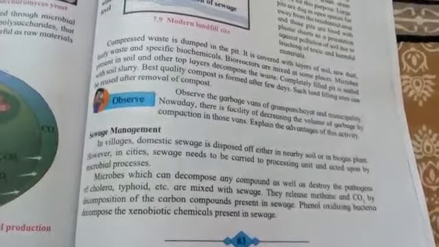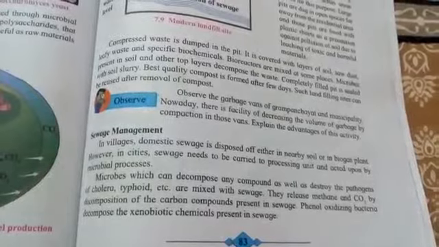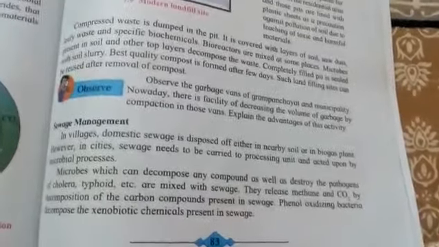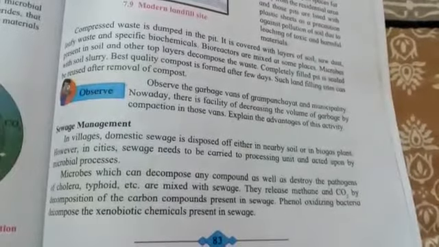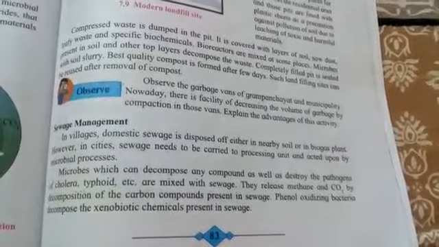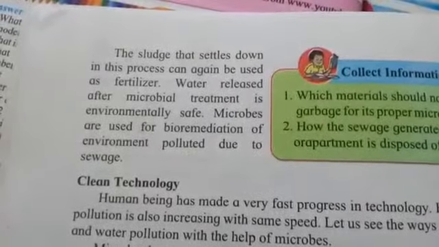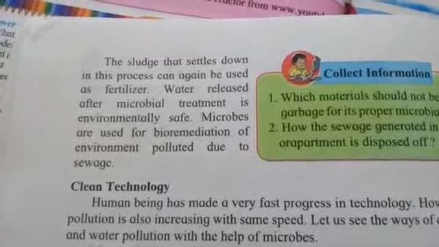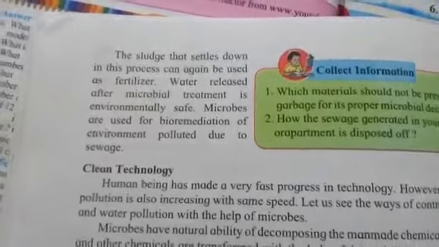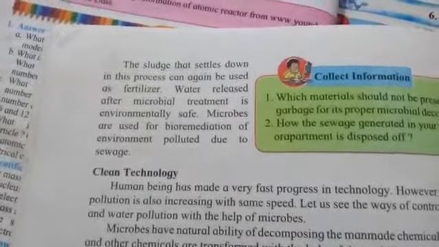Whatever sewage is there can be processed, and from that we can have methane gas and carbon dioxide gas. Then phenol oxidizing bacteria will decompose the xenobiotic chemicals present in the sewage. So this is how we can have a disease free environment, and also we will obtain gases like methane, which can be used as a fuel. The sludge that settles down in this process can again be used as a fertilizer. Then water is released after microbial treatment.